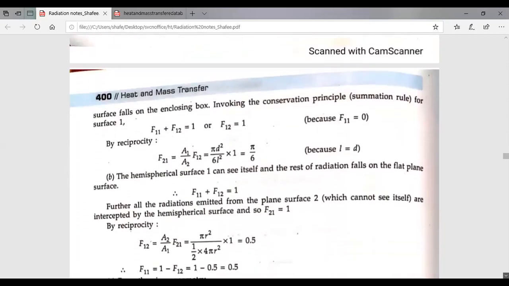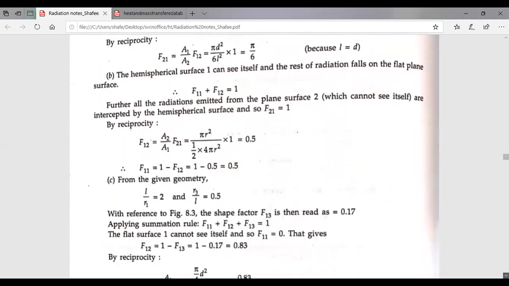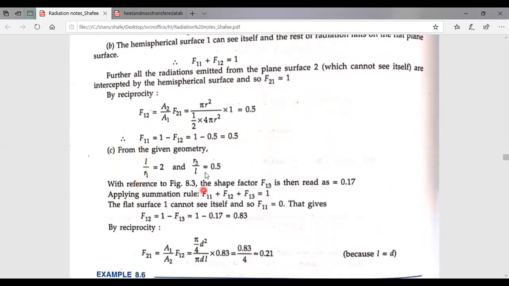You can understand easily. Now see, first I'll find out L by R1 as well as R3 by L for the coaxial disks. From this I can find out, suppose I need to find the shape factor 1 to 3. That is two coaxial disks, what is the shape factor. Using that coaxial disk chart, I can find out the shape factor F13.